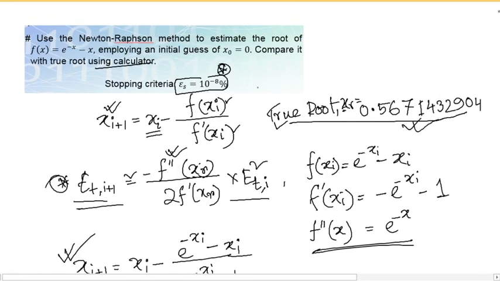getting here. So how to obtain the true root, that might be a question. I think you know how to calculate the true root using your calculator. What you can do, this is the initial guess, so you can write up the function in the calculator, say for example you will be writing e to the power minus x minus x equals to 0. This will be your function in the scientific calculator you are using.